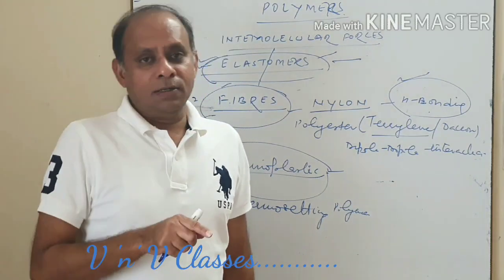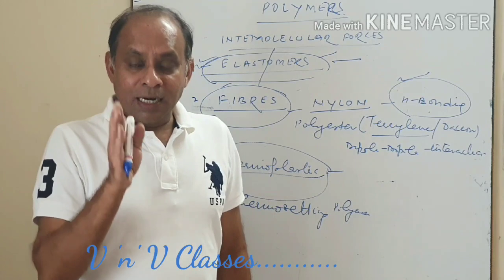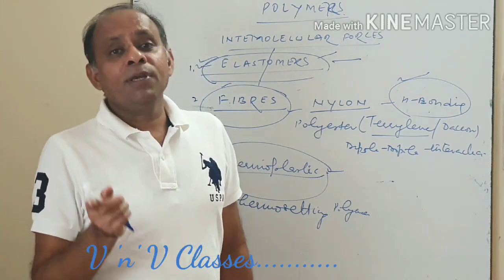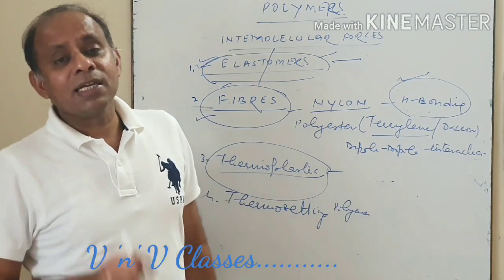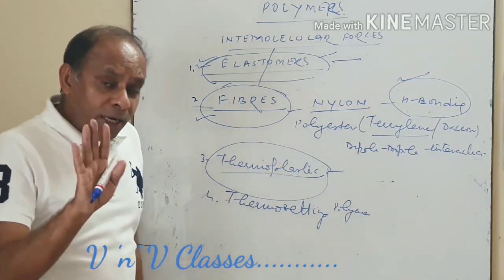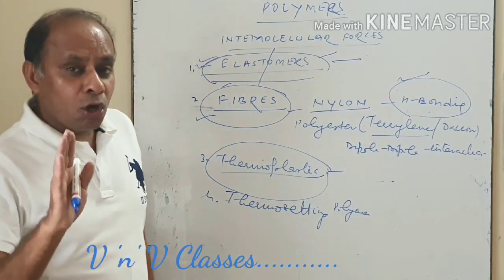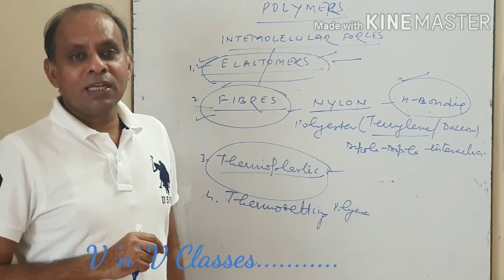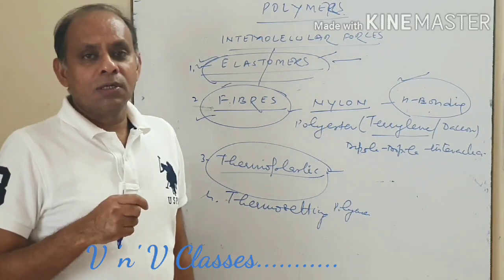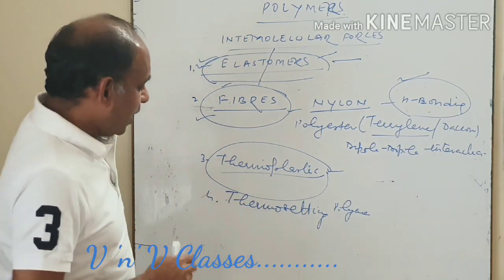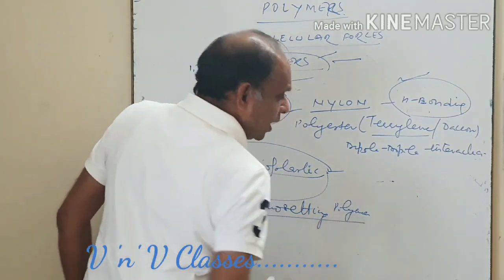But once heated, it can't be softened and can't be reused or remolded. The best example is bakelite. You know it well. Bakelite is a very common polymer. Electric switches are made of bakelite. The comb we use is also made of bakelite. It is an example of a thermosetting polymer.